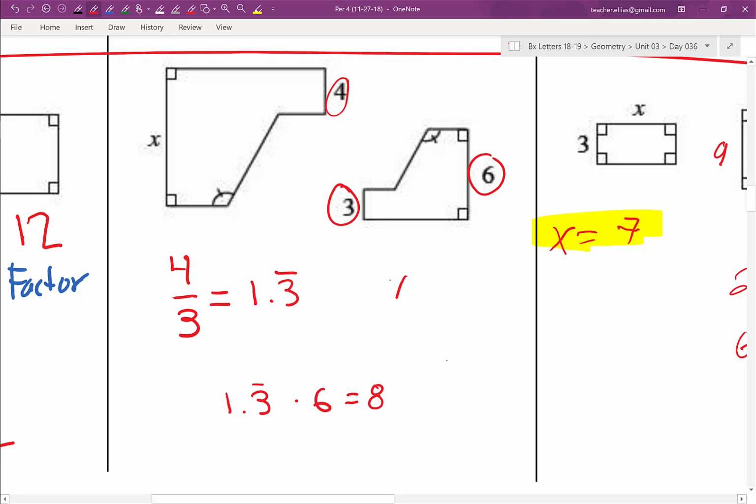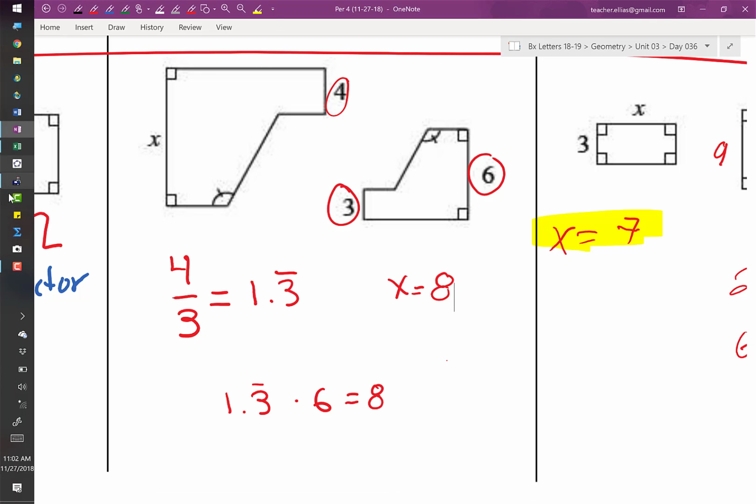What do you get when you do it that way? You get about 8, if you keep that decimal repeating. You get 7.9, but that's really approaching what number? 8. It depends on the calculators.